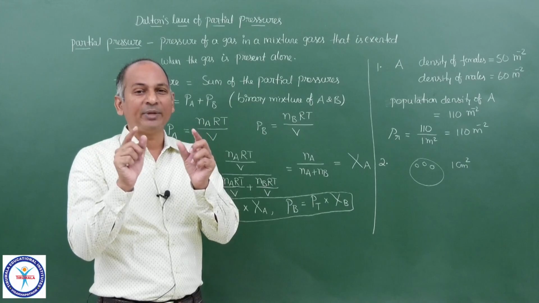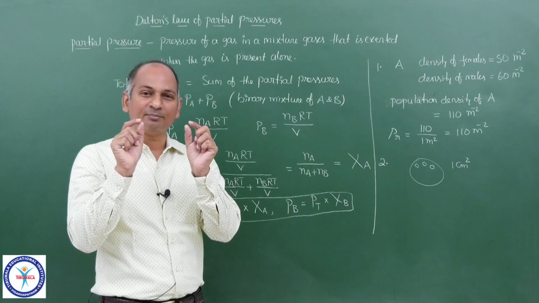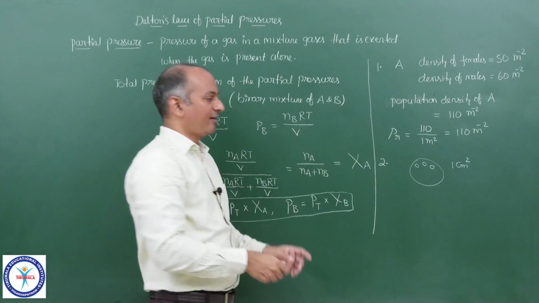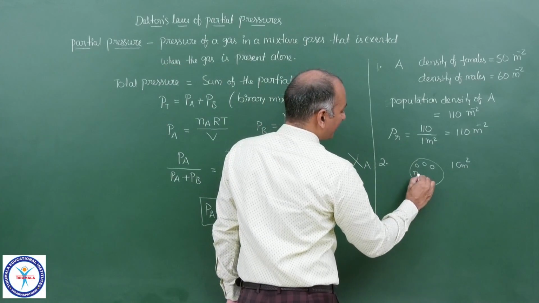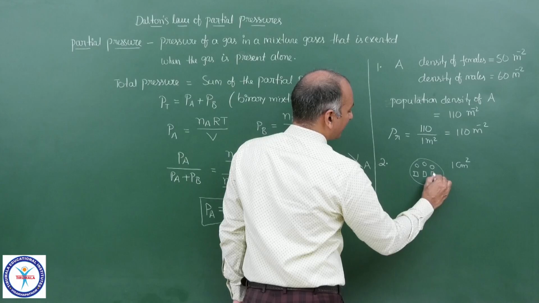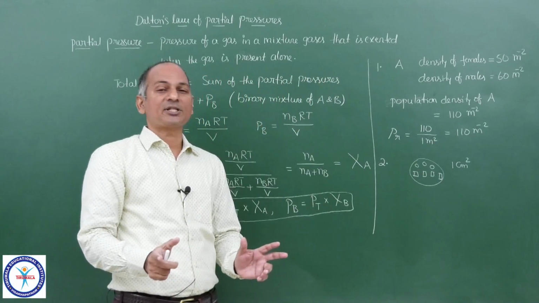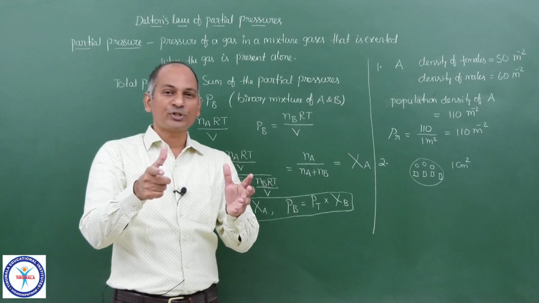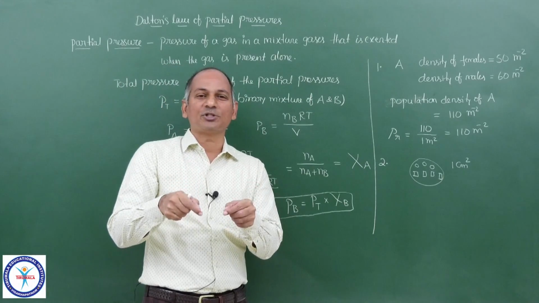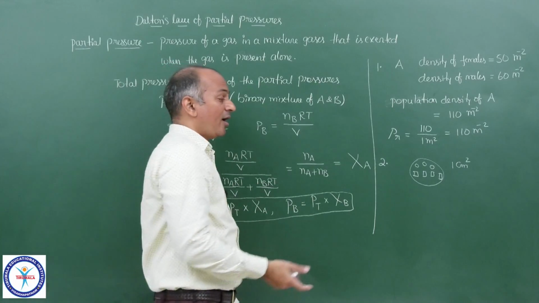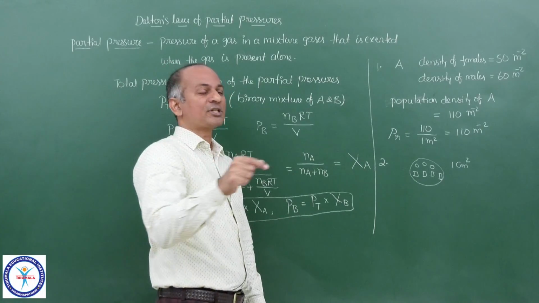Now on the same 1 centimeter square area, nitrogen molecules are also colliding. Let me represent nitrogen molecules with squares. These are the nitrogen molecules. Suppose 4 nitrogen molecules are colliding. And what is the partial pressure of nitrogen? It is the force due to these 4 nitrogen molecules on that surface area. That is the partial pressure of nitrogen. Now, CO2 molecules are also colliding.